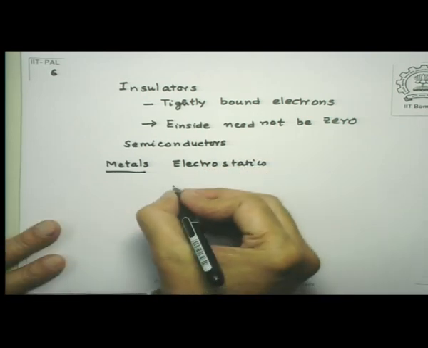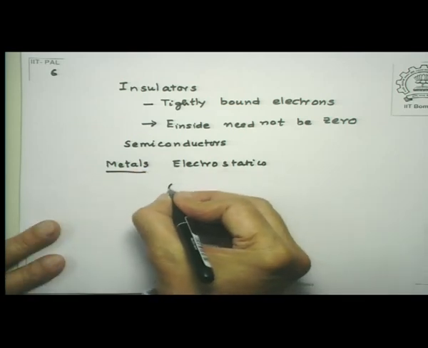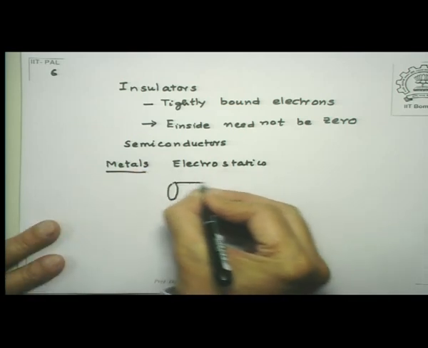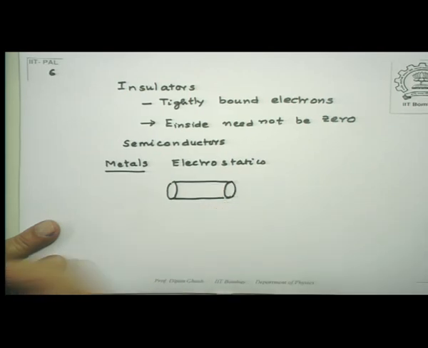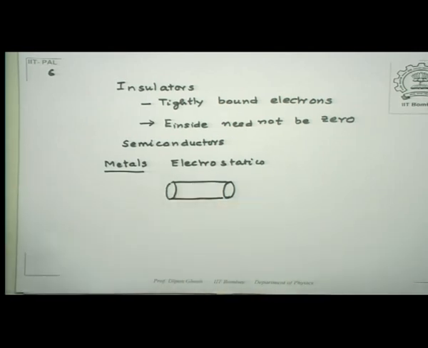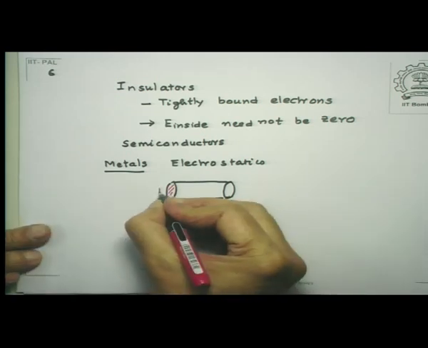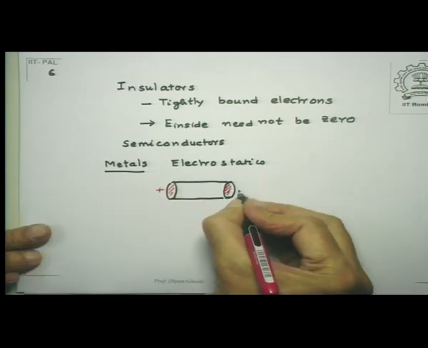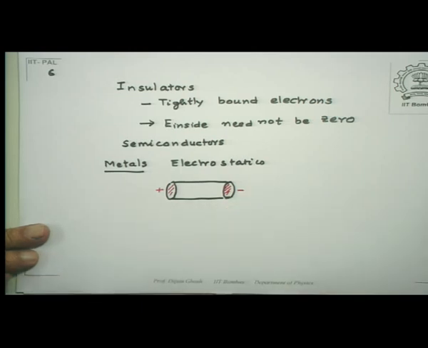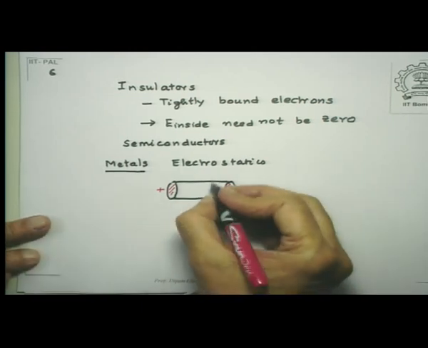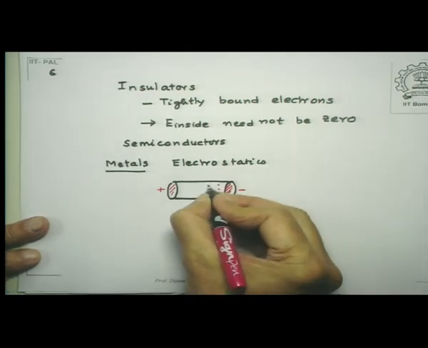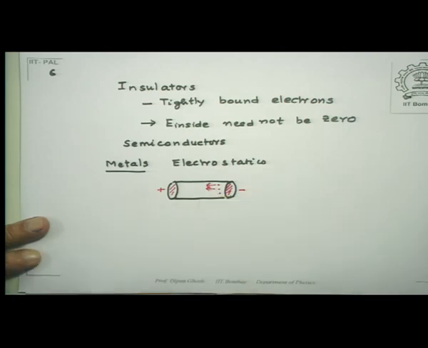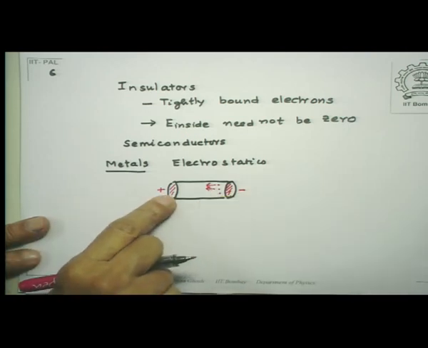Now suppose I had a piece of metal, and let us suppose that this is a sample and these are my two ends, and suppose artificially I provided a positive charged plate here and a negative charged plate there. Now look at what actually happens. The free electrons would start moving towards the plate with the positive charge.